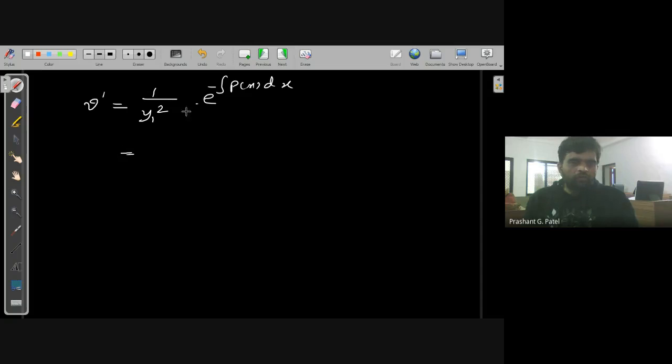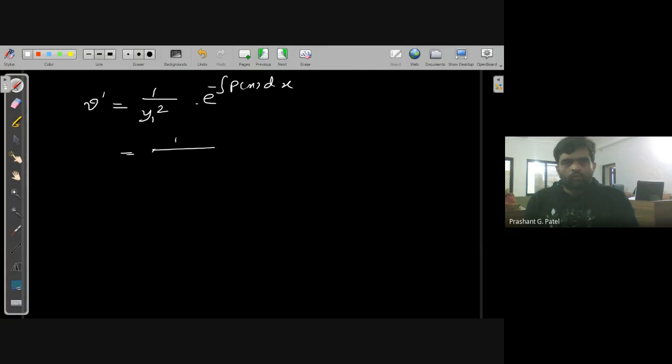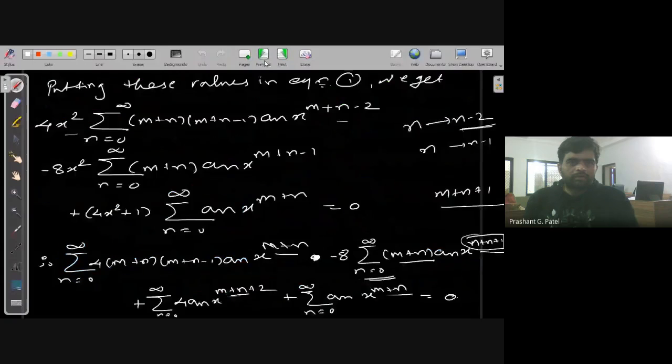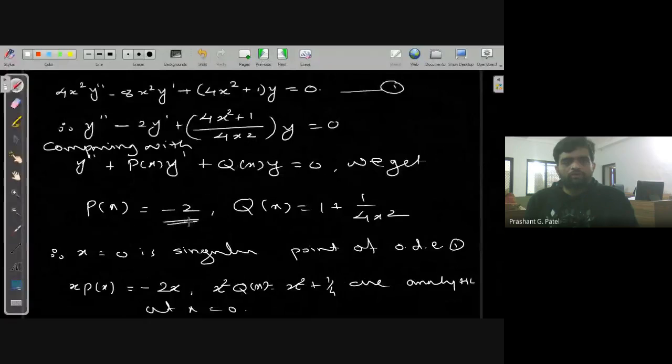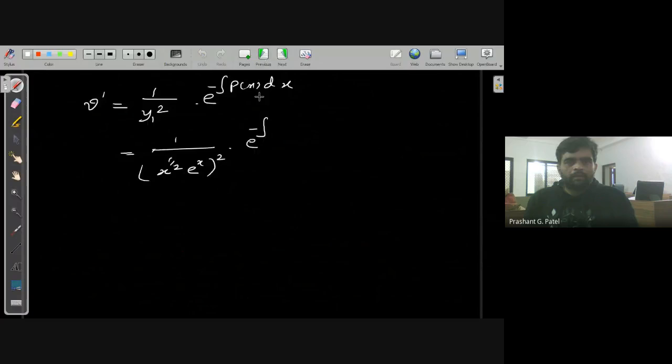We already have the value of y1 from the previous slide. The y1 is x power 1 by 2 e power x, and whole square, into e power minus integration of p of x. Let us see what p of x is for our case. The p of x was minus 2. So this is minus 2 dx.